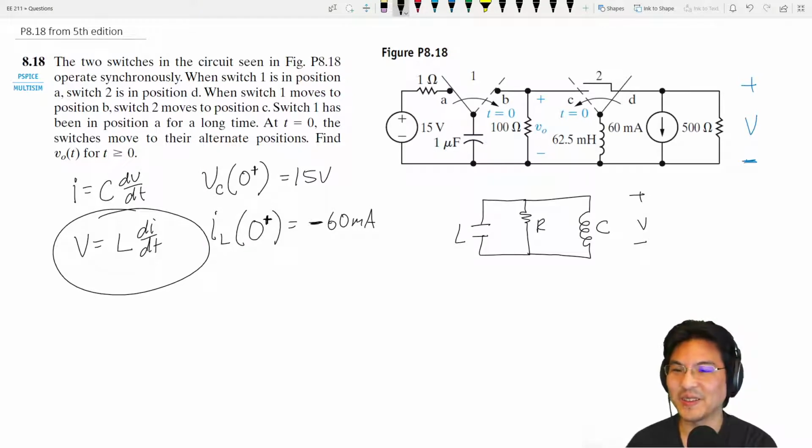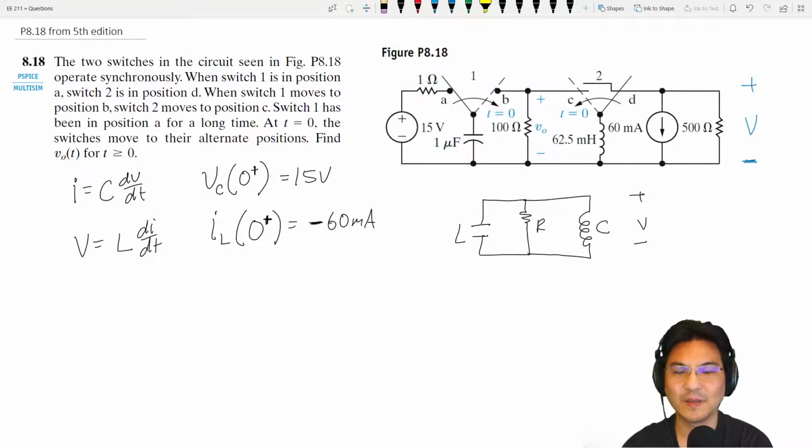To get the current, we have to move dt on this side, v dt, and then divide by L, and then integrate both sides. So then the current through the inductor looks more like 1 over L, integral of v dt, plus whatever the initial condition was.